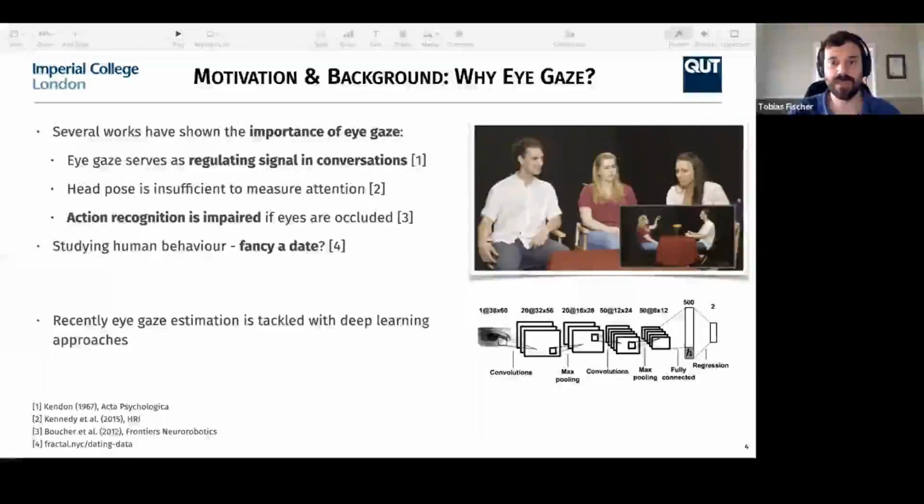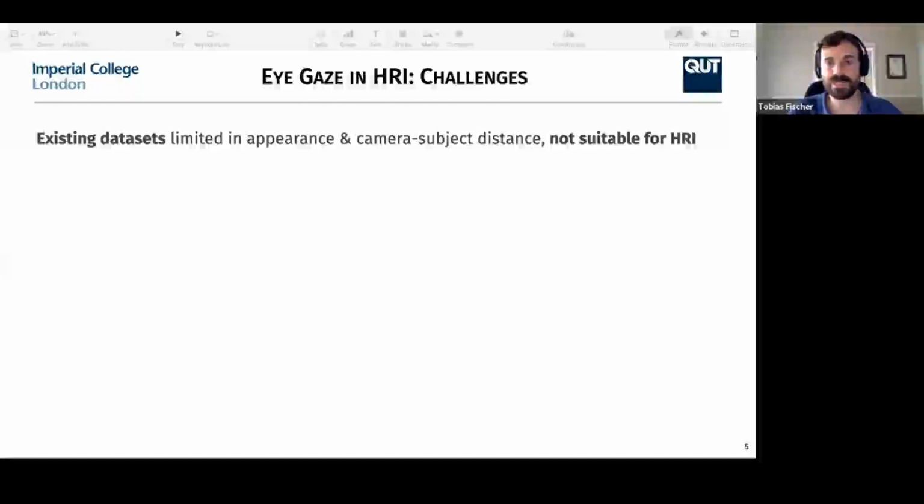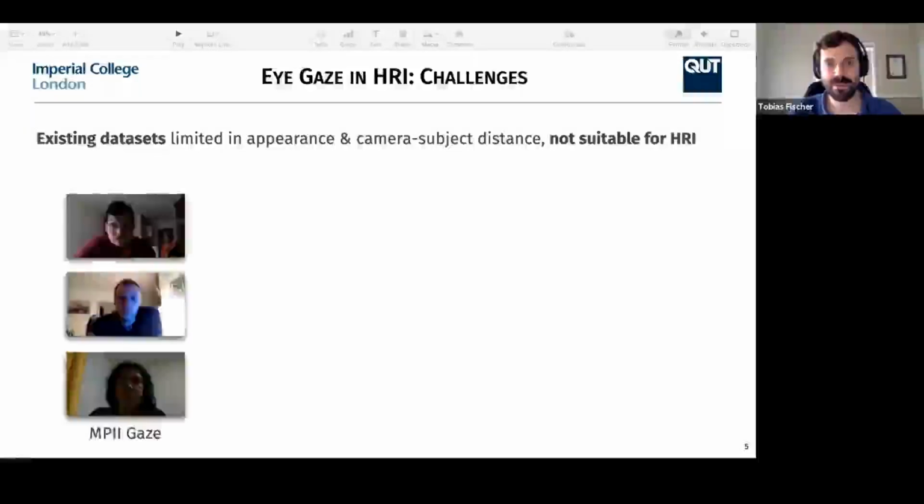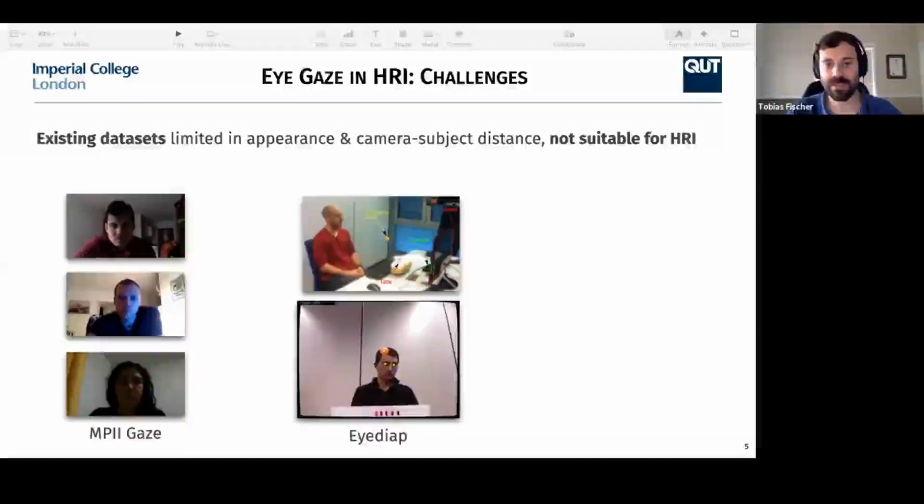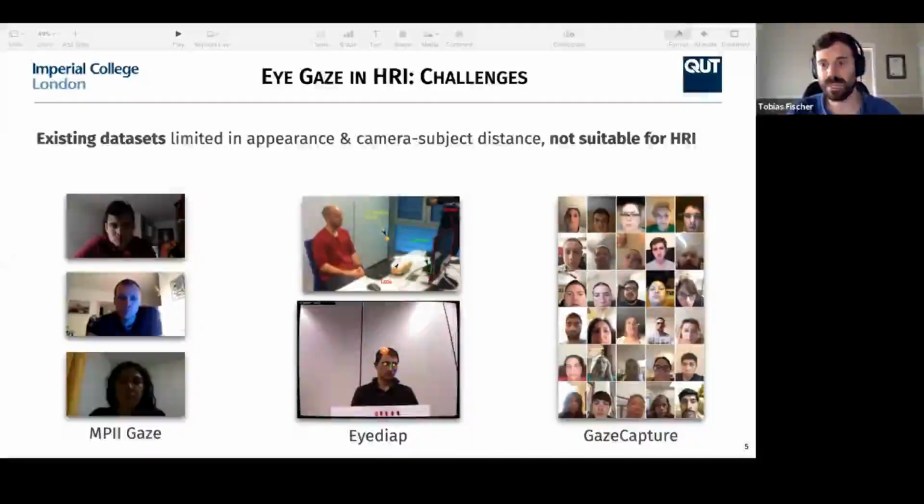So in the literature, what people have done is ask subjects to look at a laptop screen, or a computer screen or tablet screen. The idea was always that they ask the subject to look at a marker, and then the marker moves across the screen.